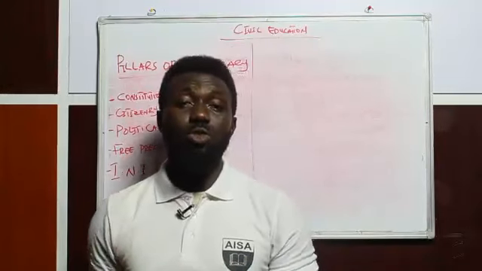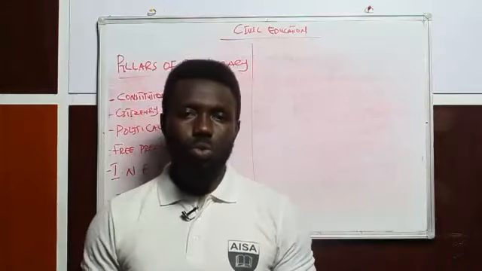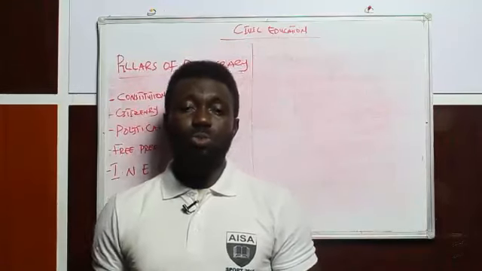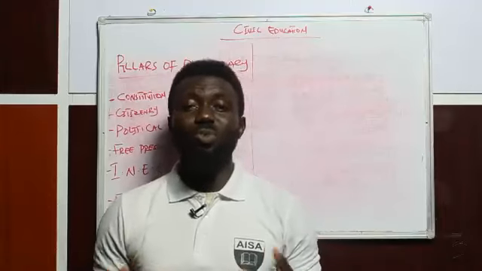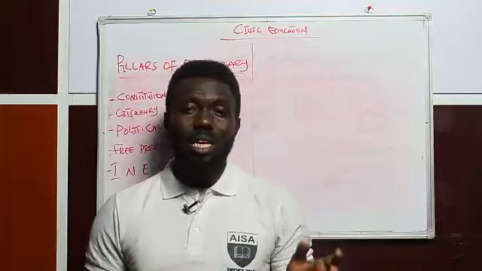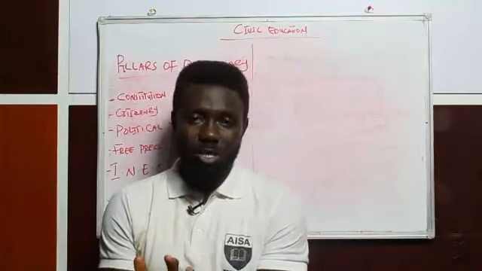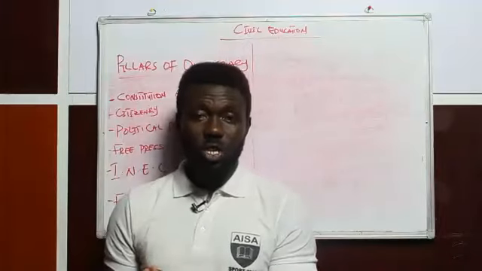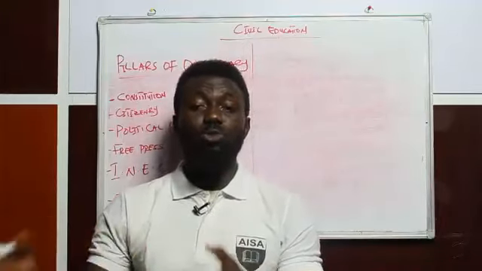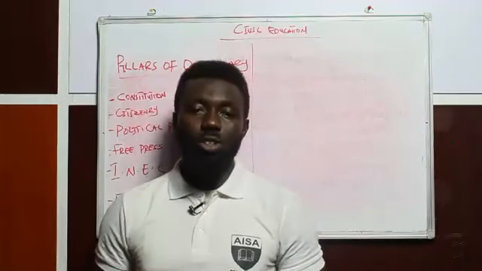It is through a constitution that you know your rights. It is through a constitution that you know what you're supposed to do and what you're not supposed to do. You know that I am allowed to do this here or there, and I'm not allowed to do this here or there. A constitution creates boundaries, it creates limitations, and also it observes your freedom as a citizen of a particular nation or country.